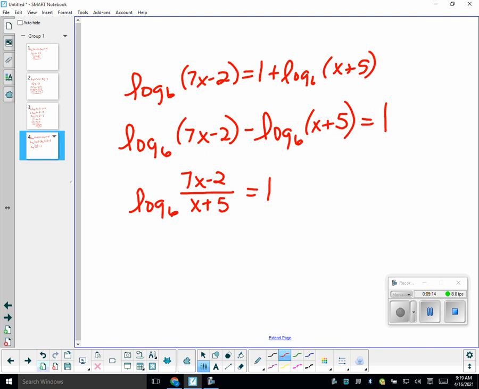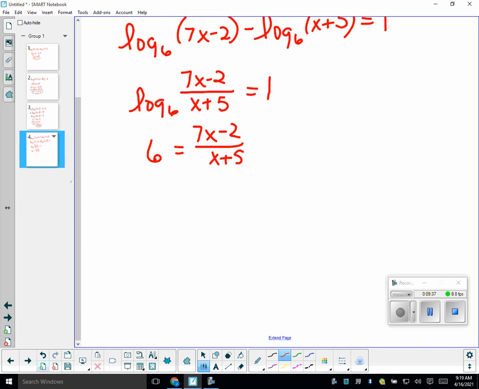What did I do last time I had something like this? Multiply both sides by x plus 5. I've got to get rid of the word log before I can multiply. How would I do that? 6 to the 1 equals 7x minus 2 over x plus 5. Right?